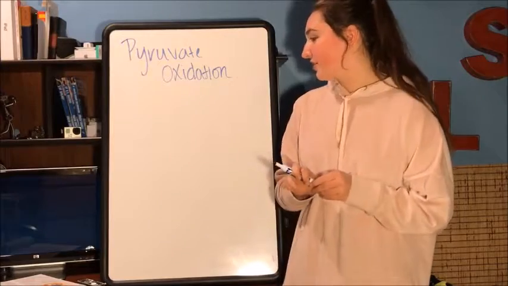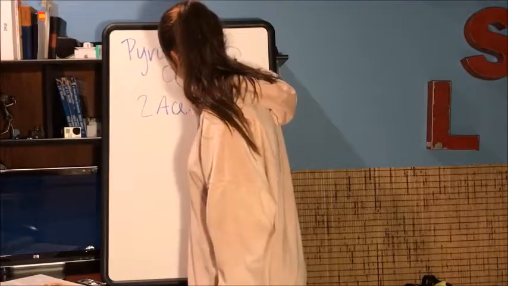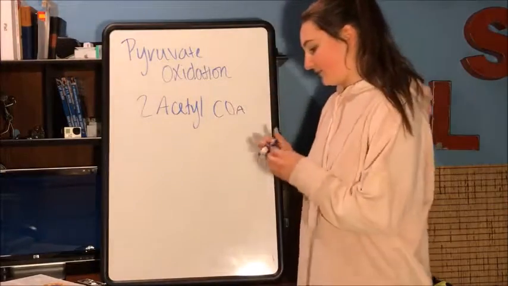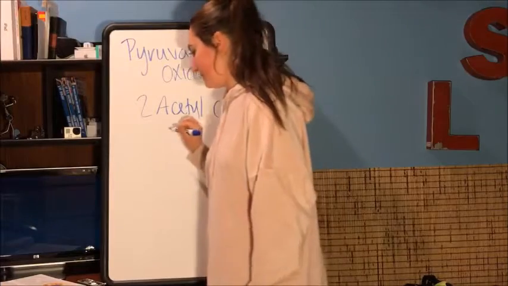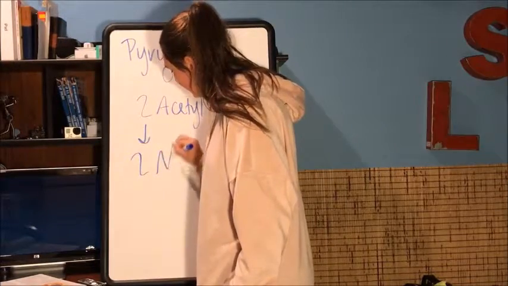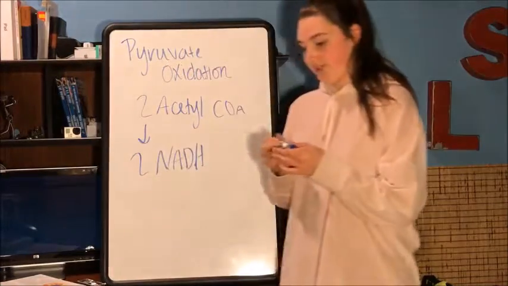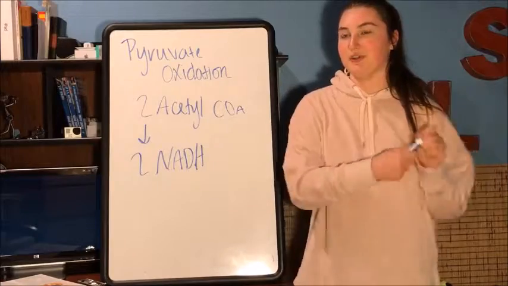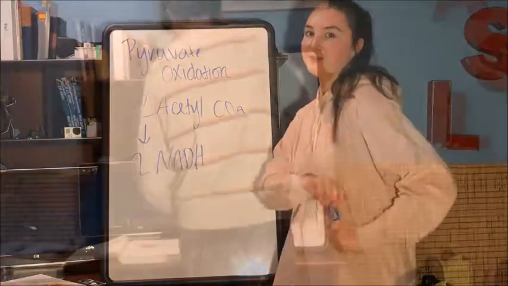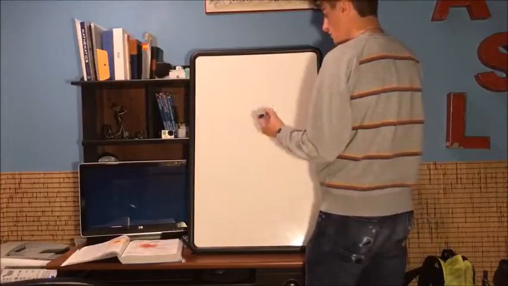The pyruvate is just oxidized, which forms 2 acetyl-CoA, and this then produces 2 NADH that will go through an electron transport carrier into oxidative phosphorylation, which we will talk about later. Alright, so once we have our acetyl-CoA, this goes into the citric acid cycle.